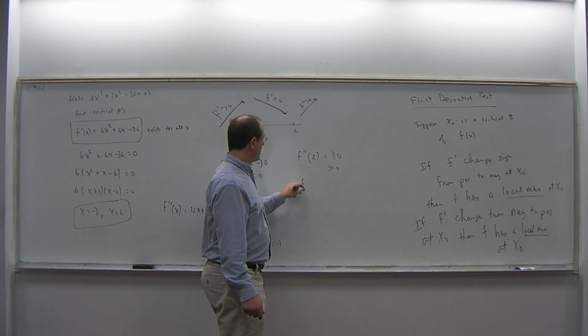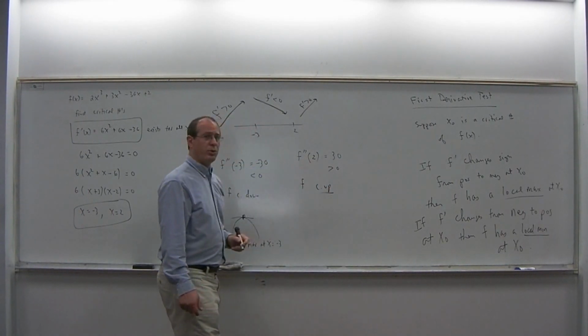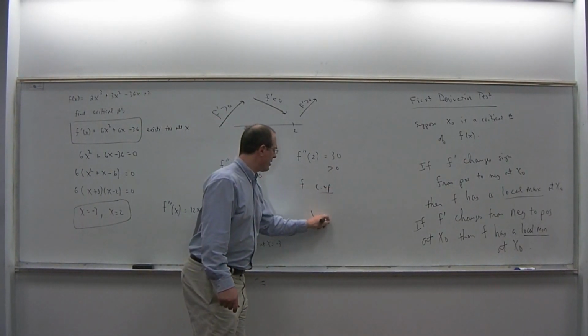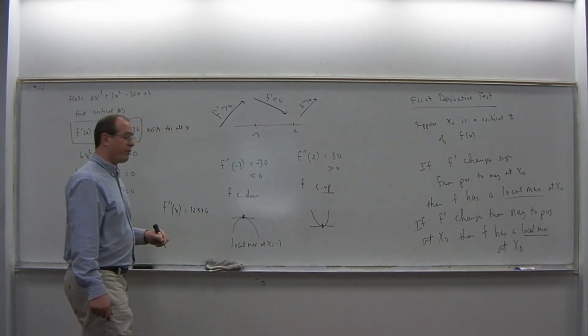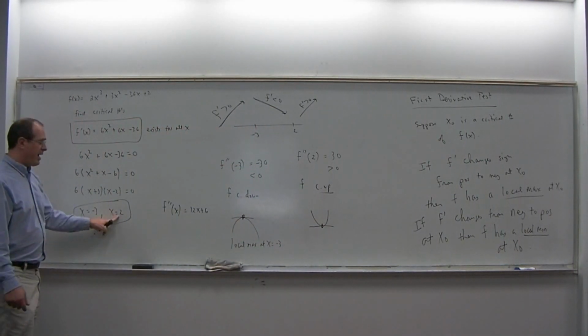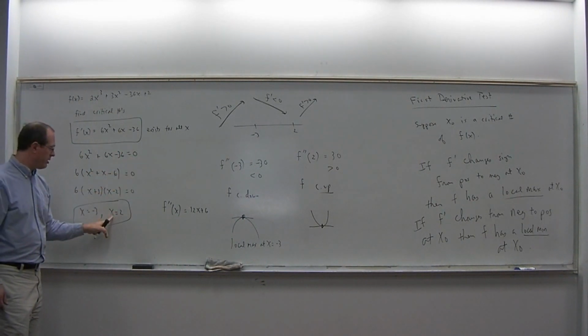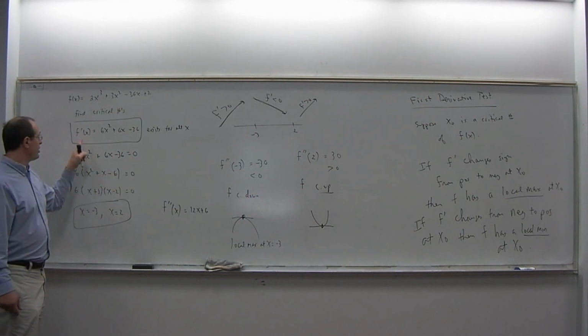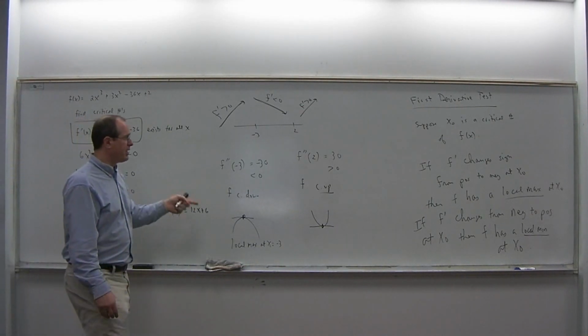And so that means that f is concave up at x equals 2. If you combine concave up with a horizontal tangent line, the horizontal tangent line came from f prime of 2 being equal to 0. We took the derivative, set it equal to 0, x equals 2 was a solution. So f prime of 2 is equal to 0. We have a horizontal tangent line at x equals 2.